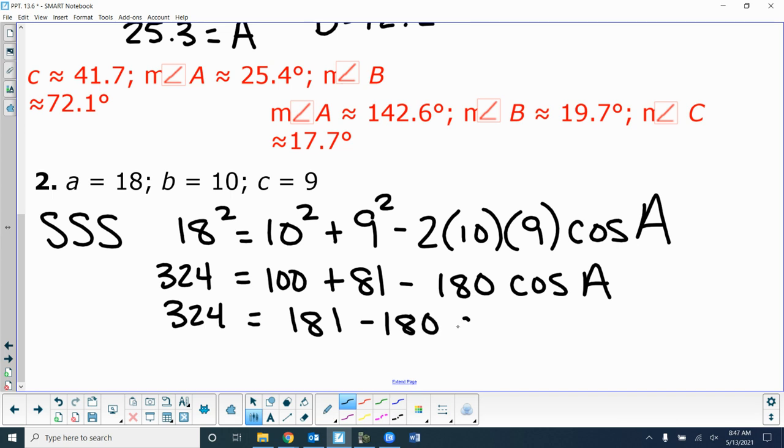Okay, you cannot subtract the 180 from 181, because this is 180 times the cosine of A, right? So I got to subtract the 181 over and divide by the negative 180.